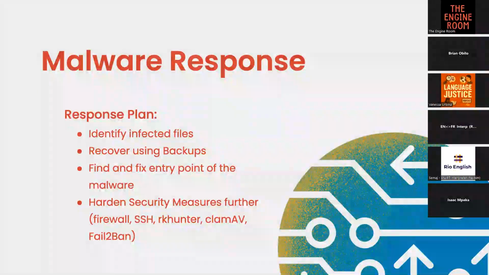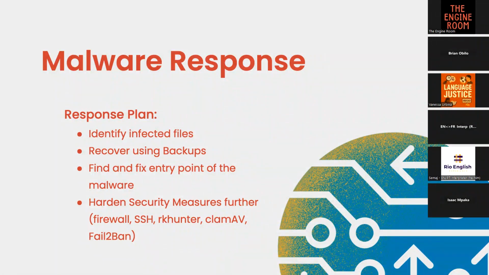Also, it's always important to review your security measures, especially if you're self-hosting. Make sure you have your firewall running and no open ports that are not being used, and that you're not accessing your server through a password, but using something like SSH instead.